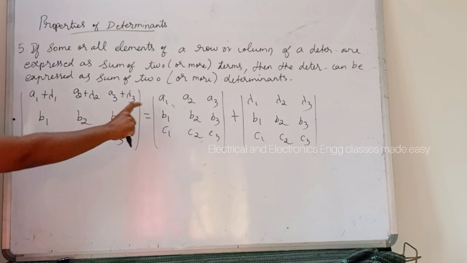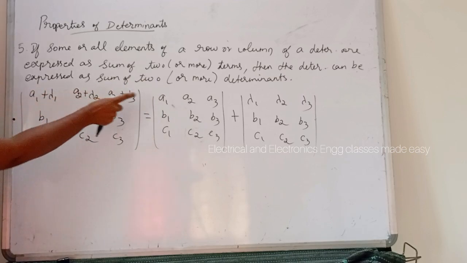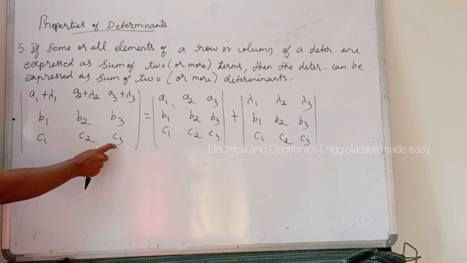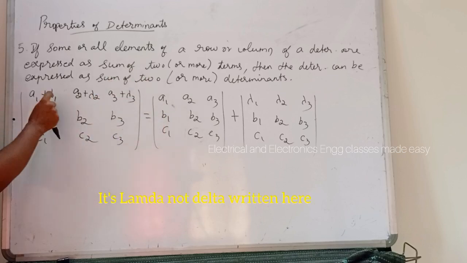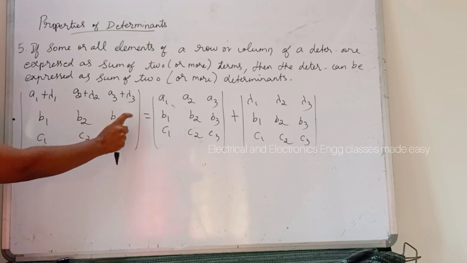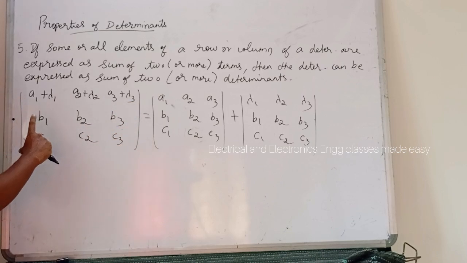That is, we can split this one like this: A1, B1, C1, A2, B2, C2, A3, B3, C3 plus determinant of delta 1, B1, C1, delta 2, B2, C2, delta 3, B3, C3. So we can express the determinants like this also.